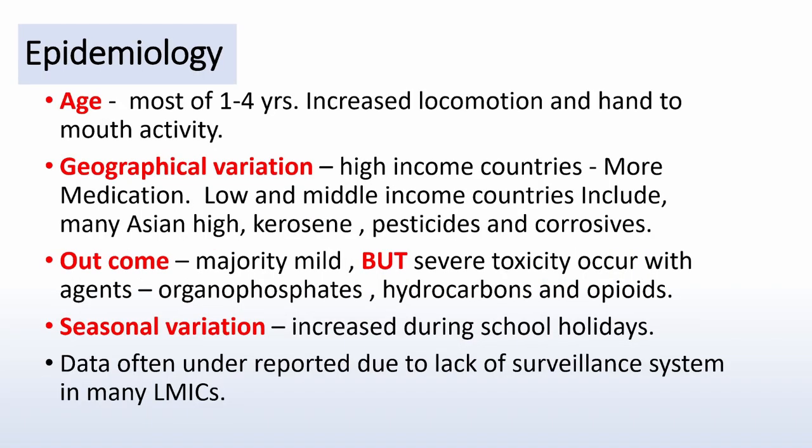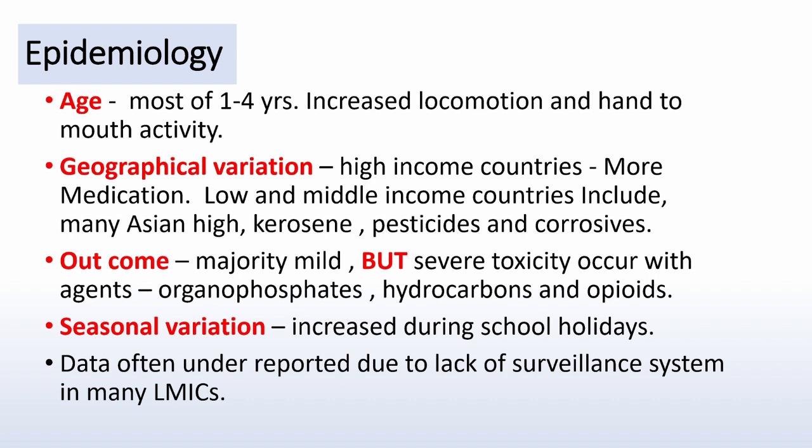And geographical variations: the higher income, richer countries have more drug poisoning in children, because they are more vulnerable to accidentally taking drugs, some pharmaceuticals. In low and middle income countries, just like our country and India, they are susceptible to kerosene oil poisoning, pesticides, other household poisoning and corrosive poisonings.